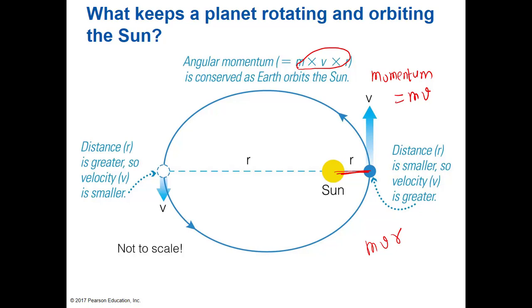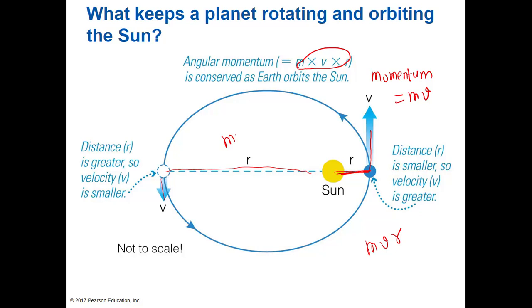So if I look at this point, the r is smaller. That means it moves faster here, because the angular momentum does not change. In this case, the radius, the distance compared to this point, is larger. If the radius is larger, then the velocity has to be smaller. Why is that again? Because the angular momentum has to be conserved.